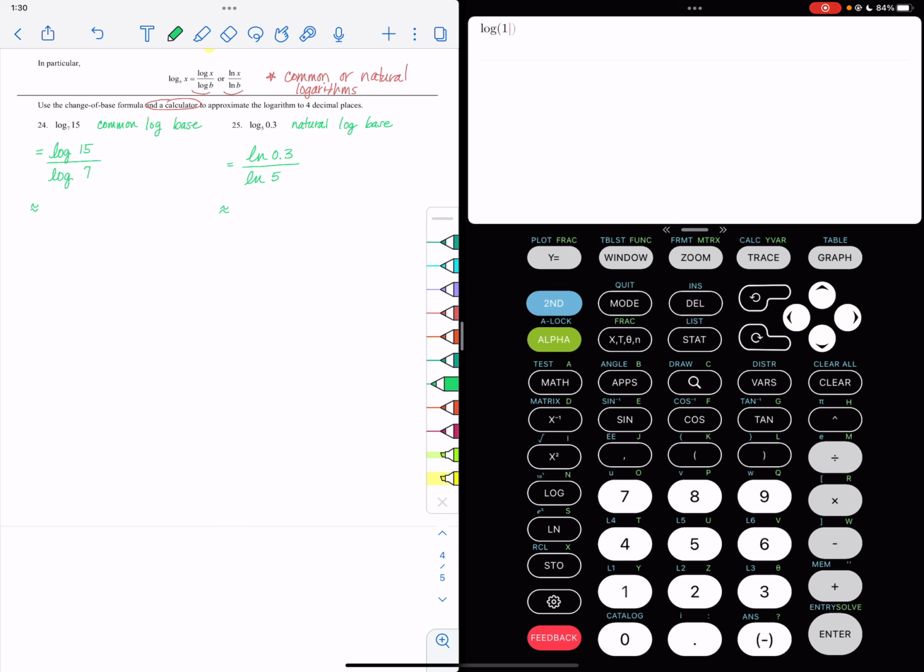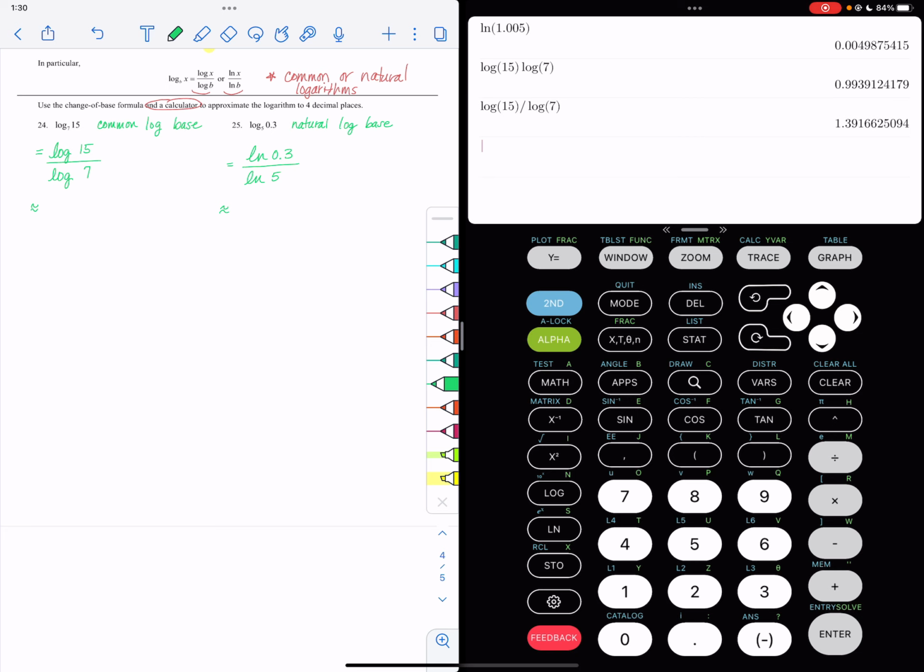The log of 15 divided by the log of 7. And we come up with 1.3916.